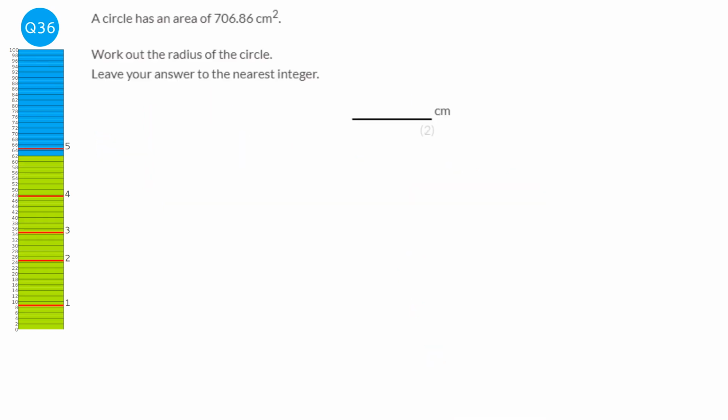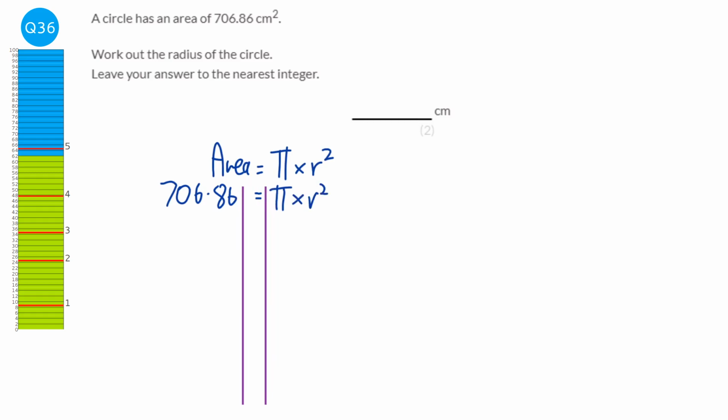The formula for the area of a circle is area equals pi times r squared. Now in this question we're given what the area is, which is 706.86, and we need to find out what the radius is. So I'm going to get my lines in, and I'm going to start by getting rid of that times pi.